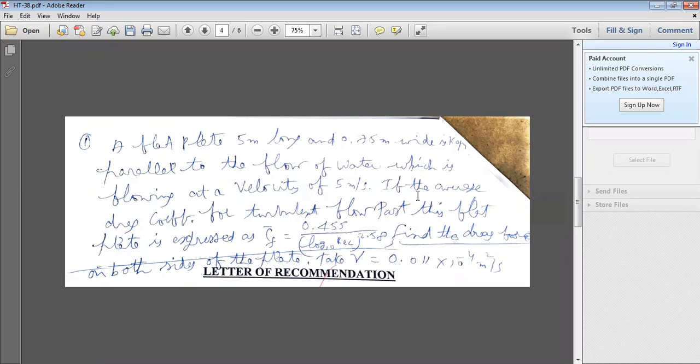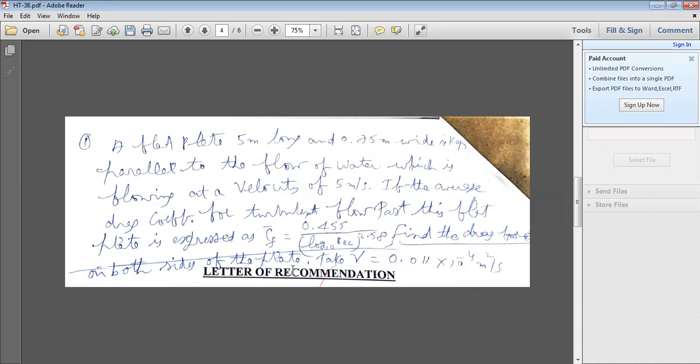So the average drag coefficient for turbulent flow past this flat plate is expressed as CF bar, the average skin friction coefficient or average drag coefficient, given by this formula: 0.455 divided by log REL to the base 10 whole to the power 2.58. Find the drag force on both sides of the plate.